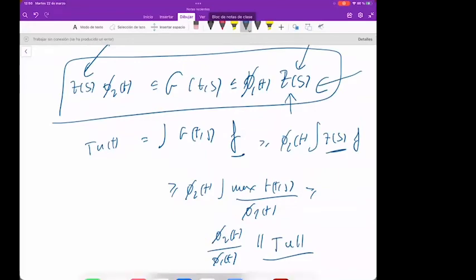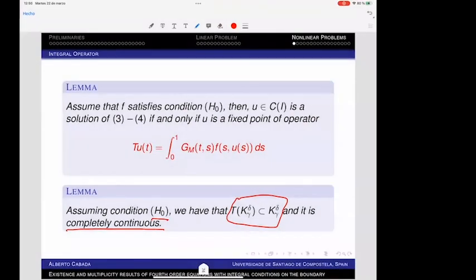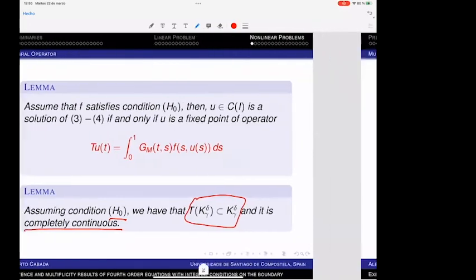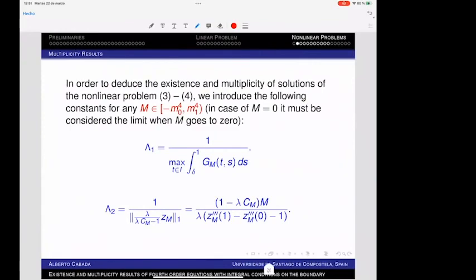And so we have this property, and this is a property that we know we need, for instance, for Krasnoselskii. And in general, we have a compact, completely continuous operator in a cone into itself. Is what we need to apply Krasnoselskii, Lefschetz, Williams, etc., and degree theory, etc., right? And so this is technical.